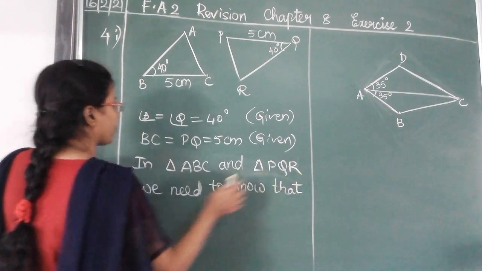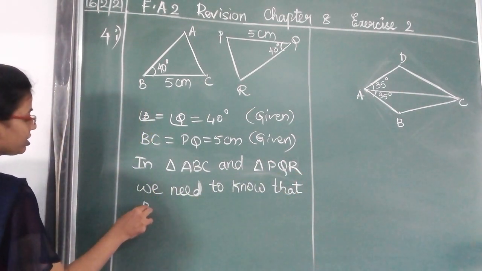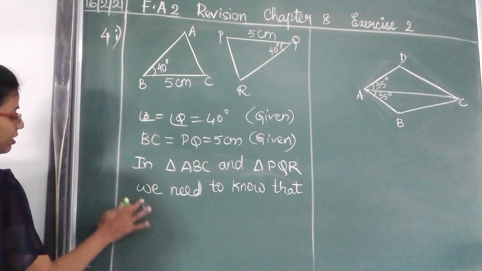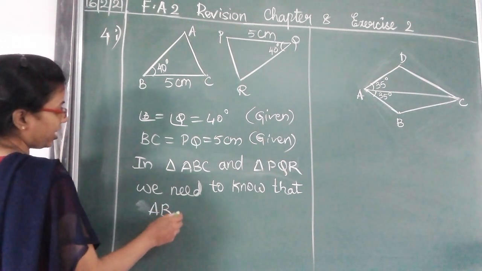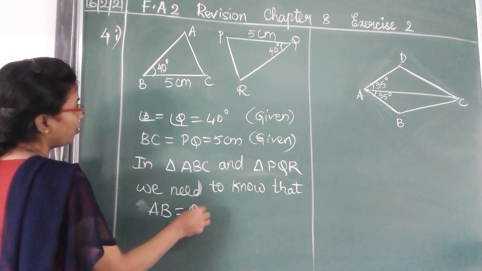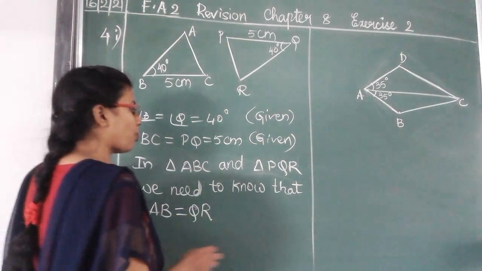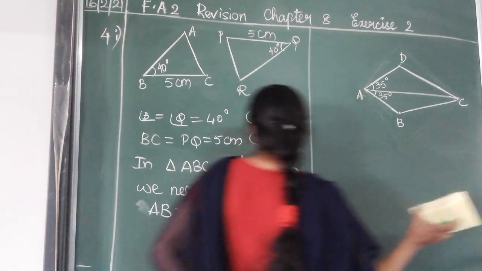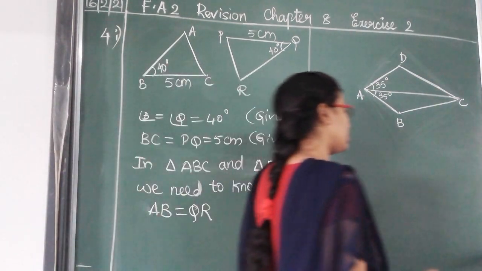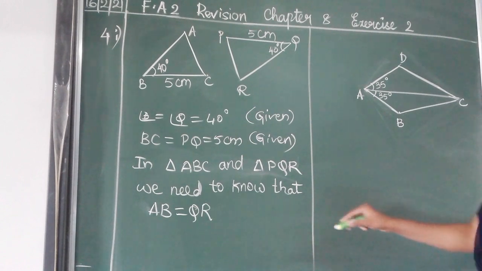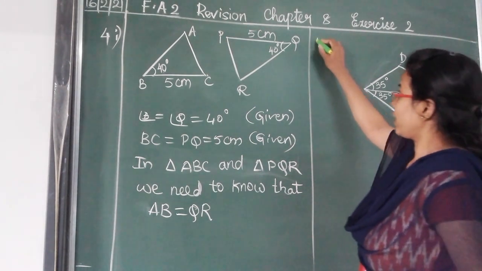We need to know that AB is equal to QR. This is what is to be given in the question. If it is given in the question, then you can say that both the triangles are congruent. So now let us do the second bit.